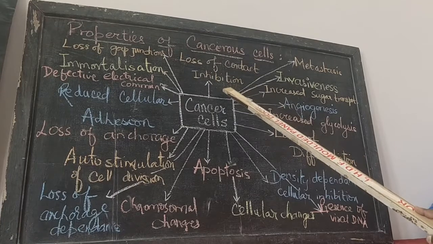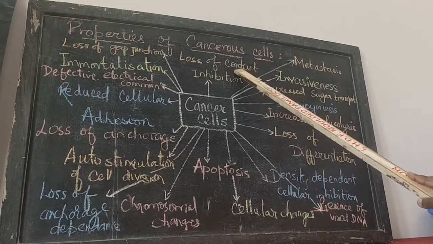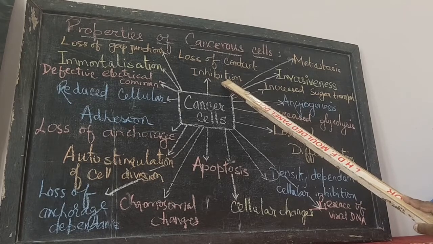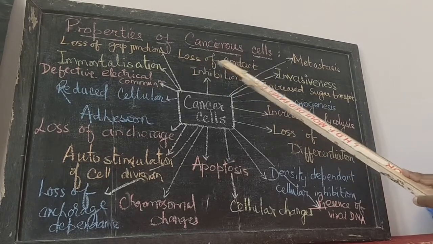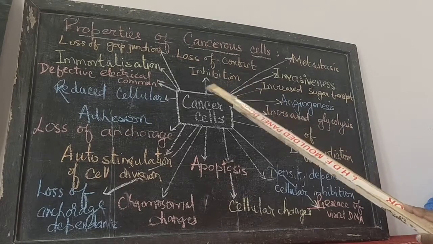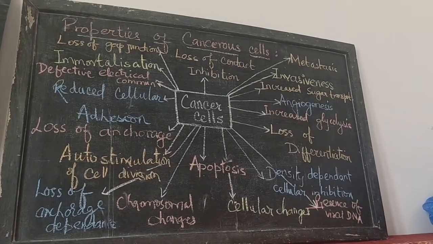In simple terms, after the contact, the cells remain dividing and hence there is loss of contact inhibition for cancerous cells.